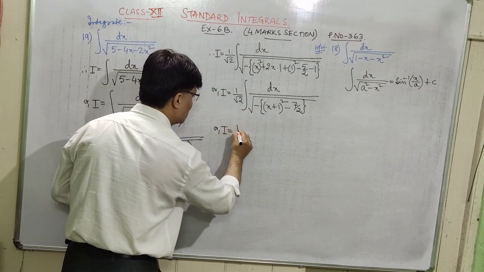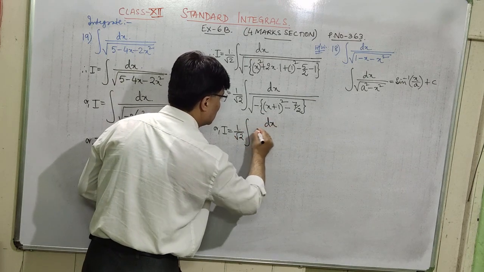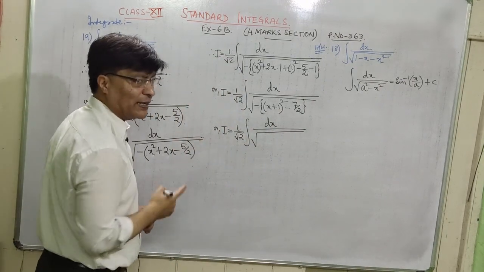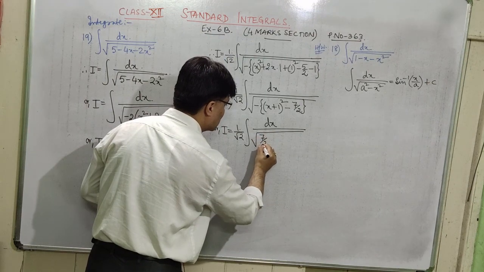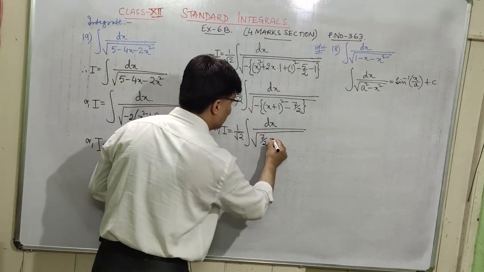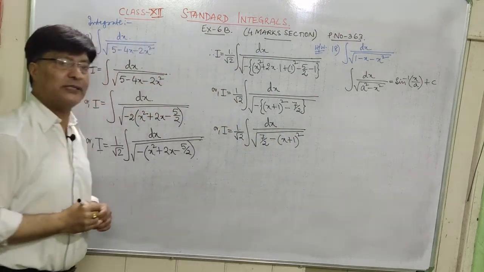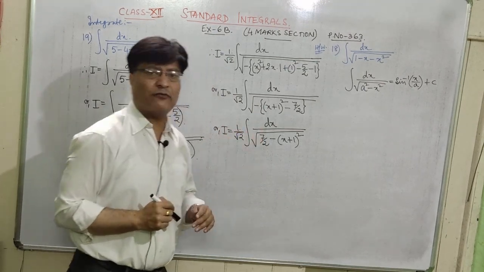Or I is equal to 1 by root 2 integration of dx divided by square root. Let us multiply by minus sign here. So this is minus into minus, this is plus 7 by 2, then minus x plus 1 whole square. Is that clear? So now you have to convert it into standard integral form.